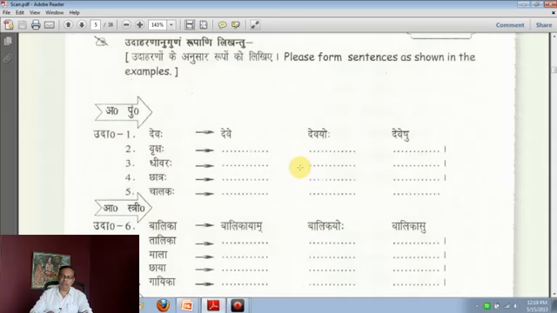Chhatraha, Chhatre, Chhatrayoho, Chhatreshu. Chalakaha, Chalakayoho, Chalakeshu. If you remember, at the beginning of our class I told you, if you learn one Akaranta Pumlinga and one Akaranta Napumsakalinga, automatically you can learn it.